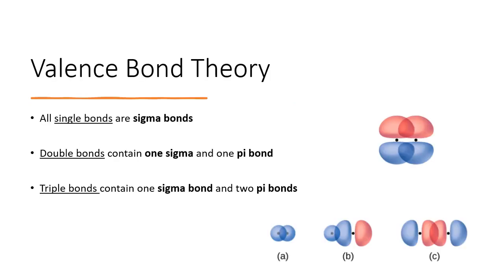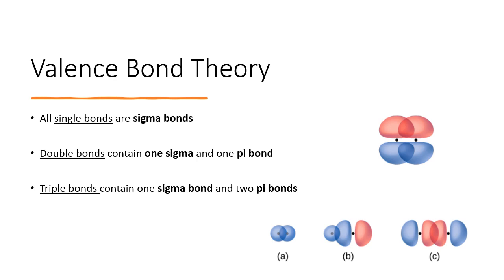All single bonds are sigma bonds. Double bonds contain one sigma bond and one pi bond, and triple bonds contain one sigma bond and two pi bonds. The reason for the node is made clearer when we add this tidbit of information. If you already have electron density along the bond axis from a sigma bond, the pi bond electrons cannot occupy the same space at the same time, so you get a pi bond instead.